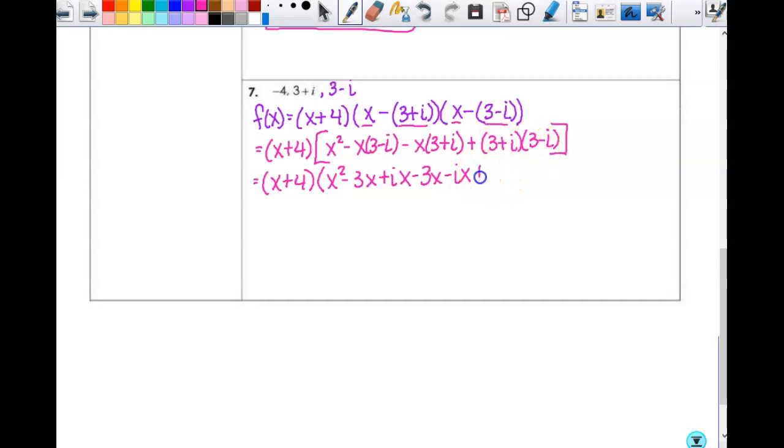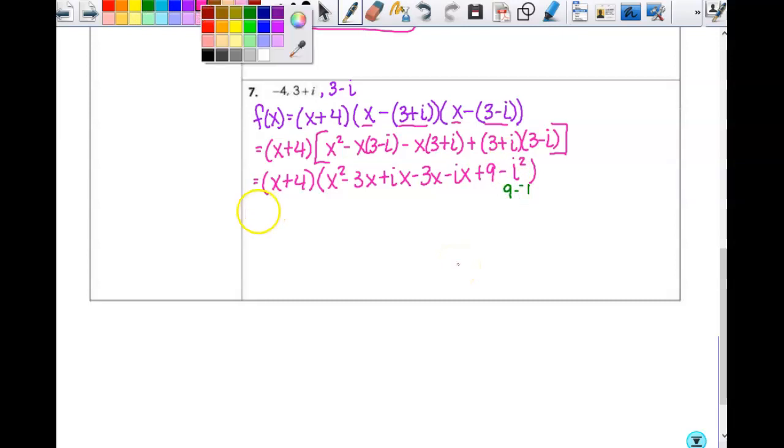So I square the first one, plus 9 minus i squared. I was doing so well too. i squared, okay, and i squared equals what? Negative 1, right? Think about what this means. This is really 9 minus a negative 1. That's what's happening right there with that i squared.